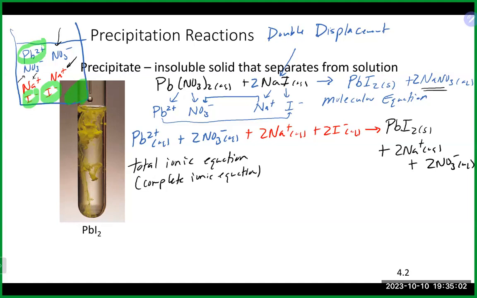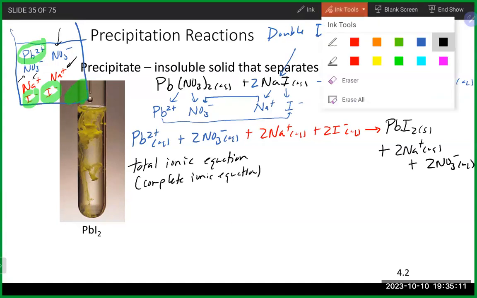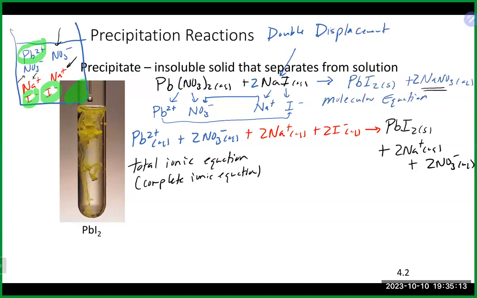Now, when we look at the complete ionic equation or the total ionic equation, we should always be able to look on the left-hand side of the arrow and the right-hand side of the arrow, and we should find some ions that look exactly the same. So what ions look exactly the same? We have 2 of the nitrates that match 2 of the nitrates on this side.